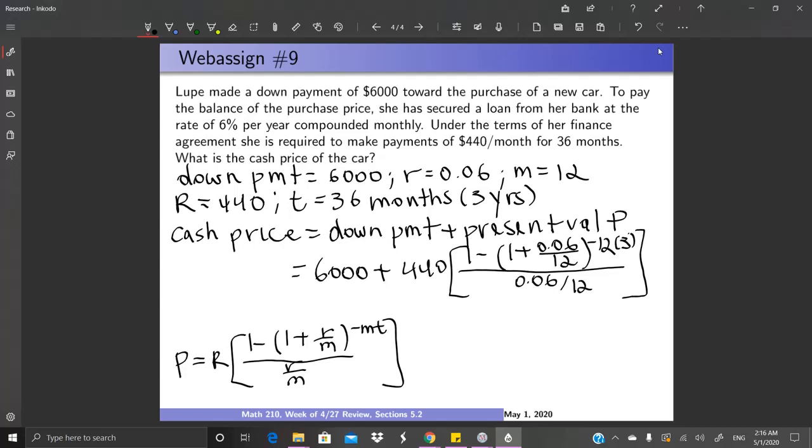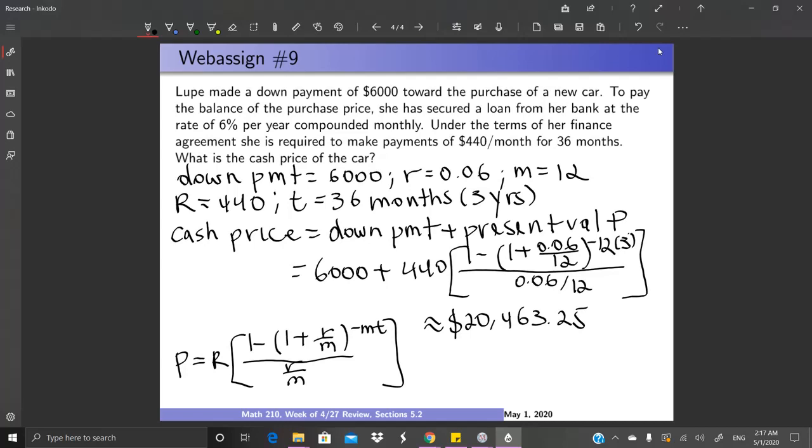When we do 6,000 plus this whole thing, what I end up with in dollars is approximately equal to $20,463.25. What I got for this part, 440 times the stuff in brackets, was $14,463.25, and then I added to that the 6,000 down payment.